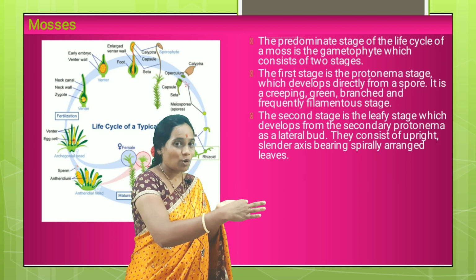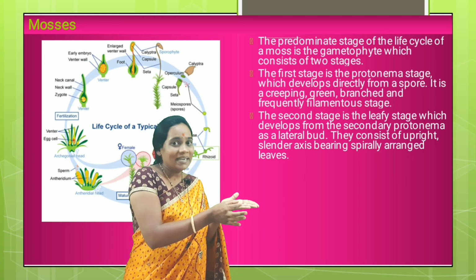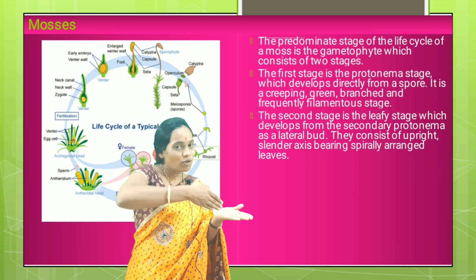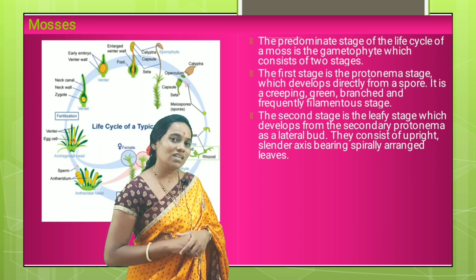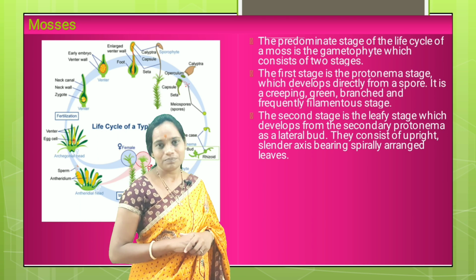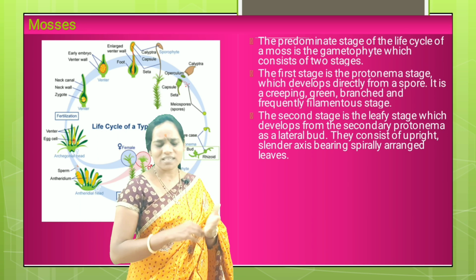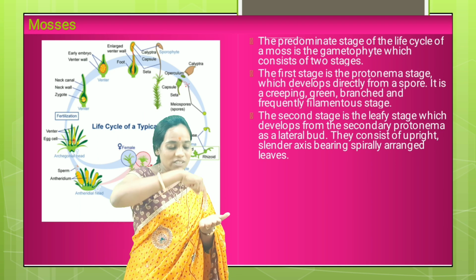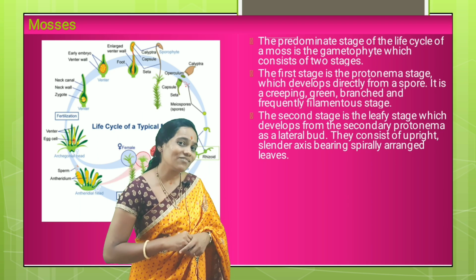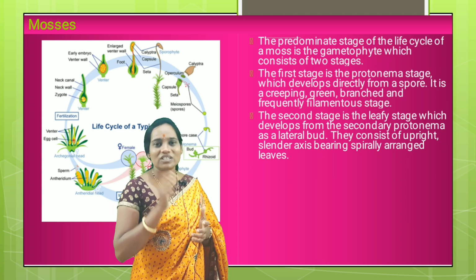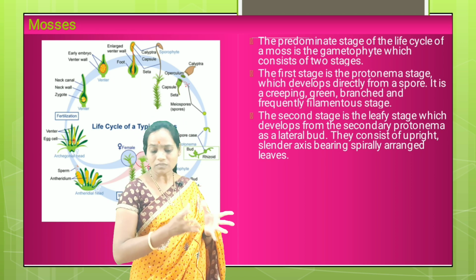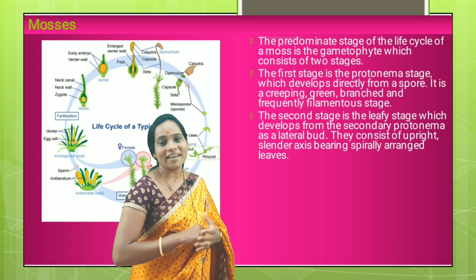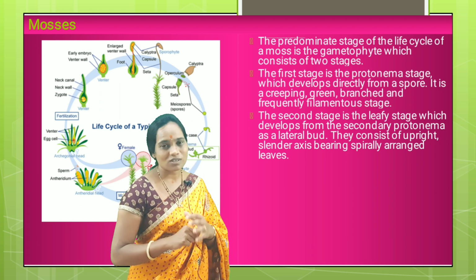From the secondary protonema, or lateral buds, the leafy stage develops, with a long slender axis bearing spirally arranged leaf-like structures.